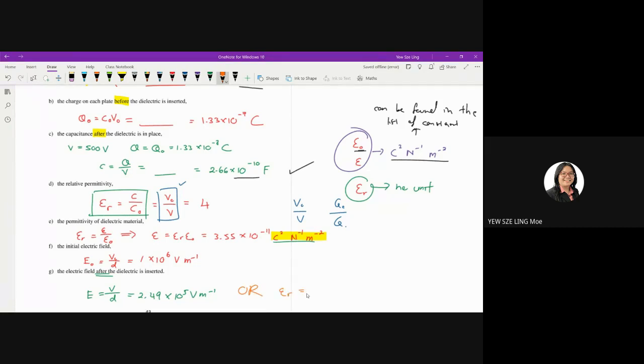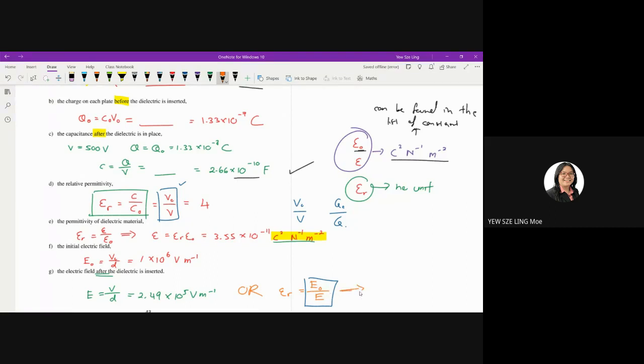Of course, if you want to use epsilon R, that also can, because we know when the battery is disconnected, epsilon R is also equal to E naught over E. Again, this is when the battery is disconnected.